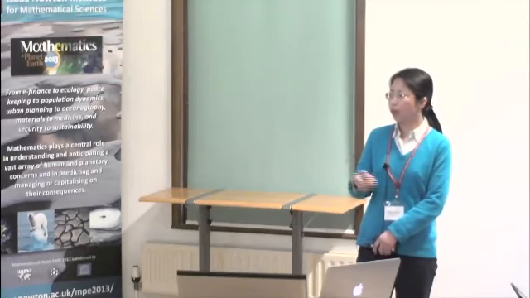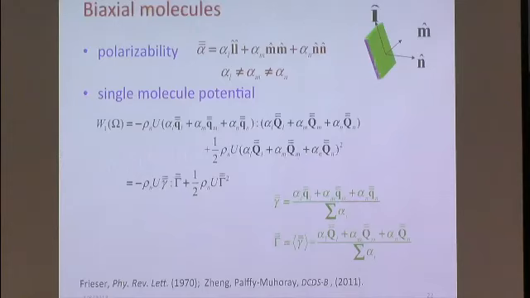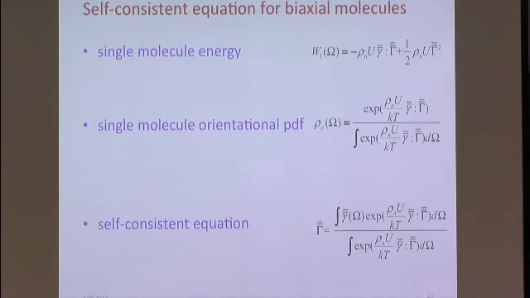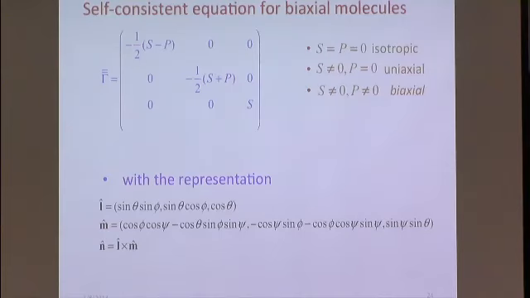So we rewrote his theory into the tensorial form last year. The rest follows the general procedure very easily. We first write down the single molecule potential, then the Boltzmann distribution, and then we get a self-consistent equation.